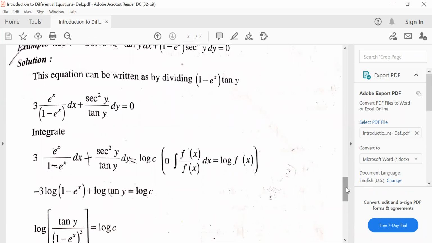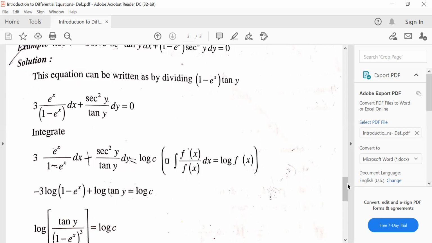When we go for integration, we see for the integral of e power x by 1 minus e power x, the differentiation of 1 minus e power x is present in the numerator. So the integral is log of f of x, and it is minus, so minus e power x must be there. So we can include the minus. For secant square y by tan y, the differentiation of tan y is secant square y dy, so even in the second term that is present.